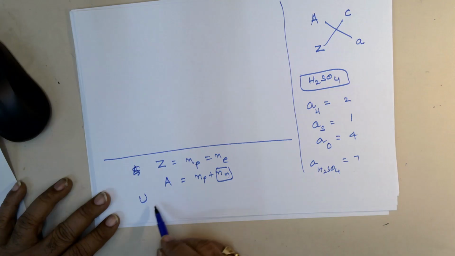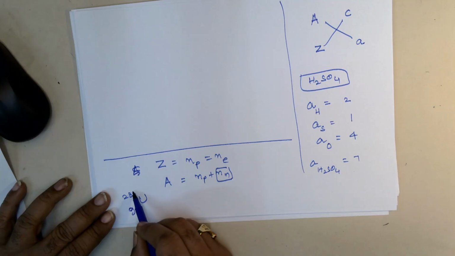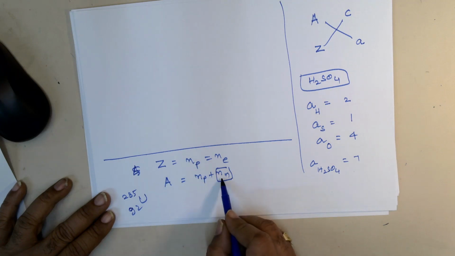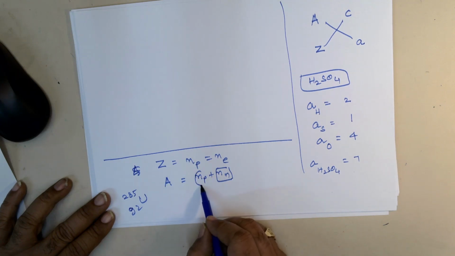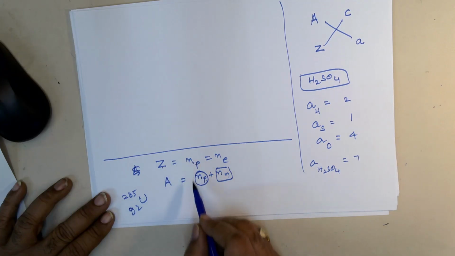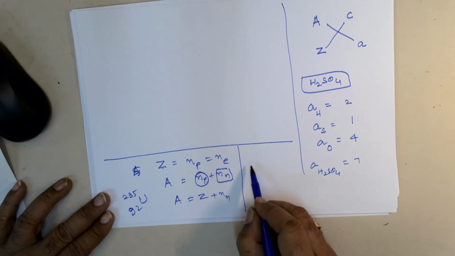For example, you have got uranium 92, 235. Now, what is the neutron number? How can you calculate? Instead of NP, you can write Z. So A is equal to Z plus number of neutrons. So from this you can beautifully calculate.